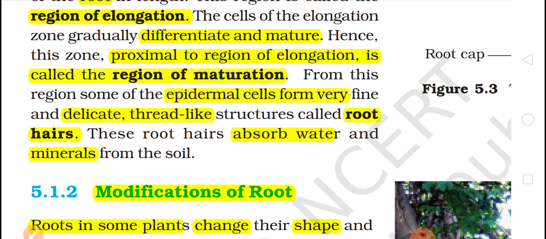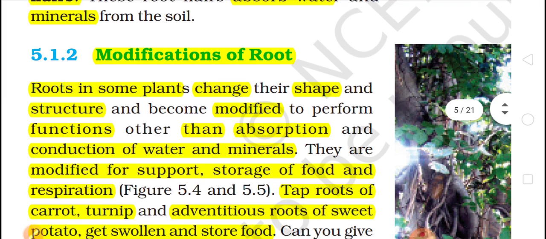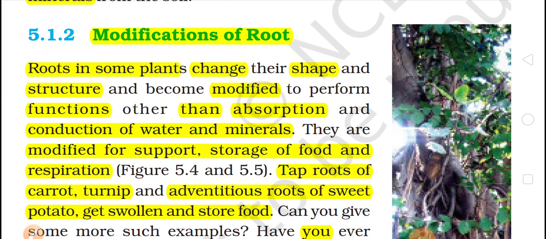Clear? Now next one, that is modification of root. Now children, we have seen that roots absorb water and minerals, but some roots are modified and perform various tasks. Some roots are modified for storage of food, some to provide support, and some to help in respiration.